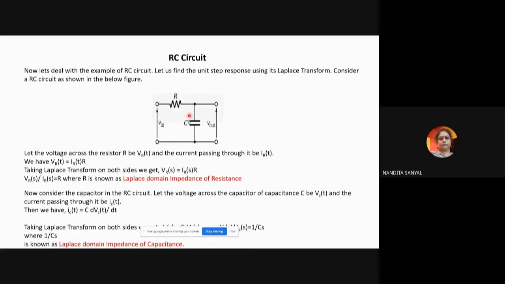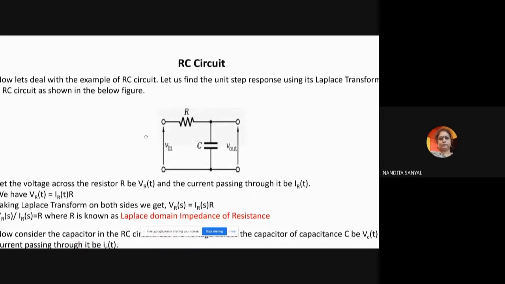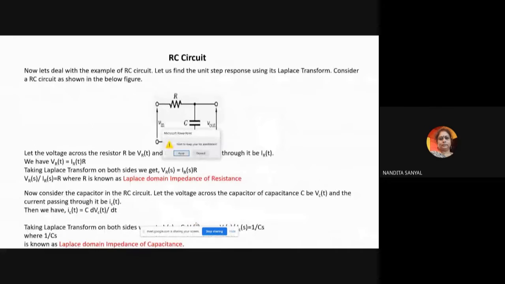And if we consider the capacitance, we know that the current is directly proportional to the rate of change of voltage across the capacitor, so it is equal to C dV/dt.